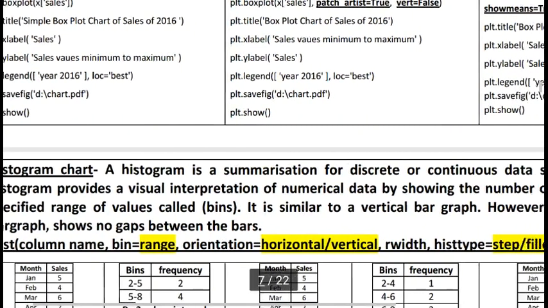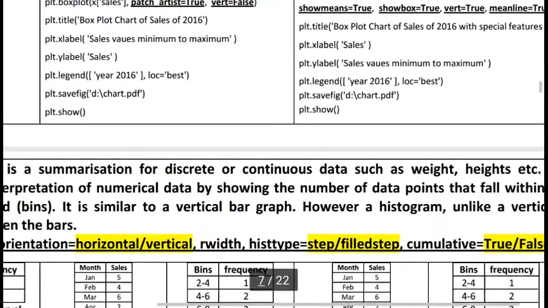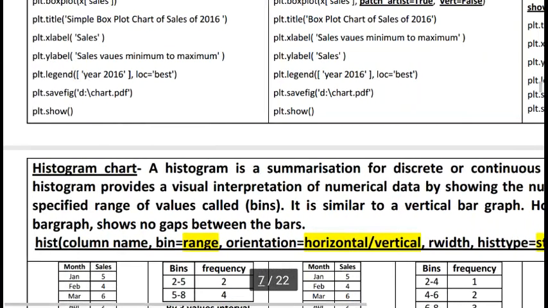It is similar to a vertical bar graph, however, unlike a vertical bar graph, a histogram shows no gaps between the bars. When you create a bar graph, there is always a gap between bars, but in a histogram chart there is no gap. This will become clear with the help of an example.